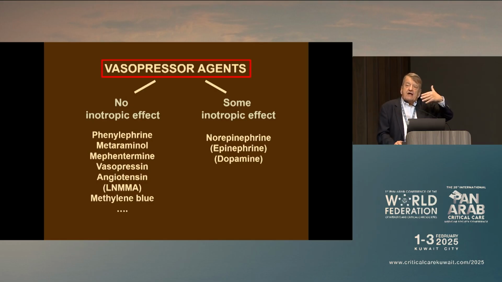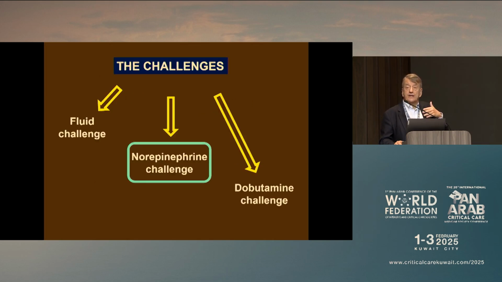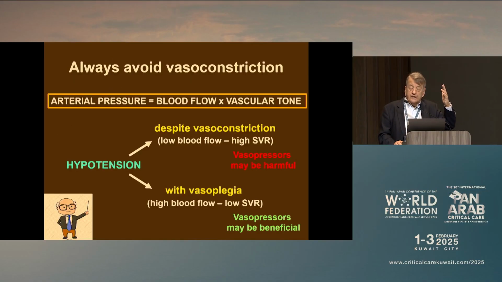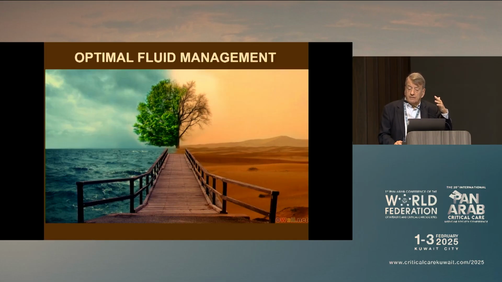So it's a bit safer to give a vasopressor having a little bit of an inotropic effect. So that's what I call the noradrenaline challenge, but it is not sufficient just to give noradrenaline and leave the patient there. We need to avoid vasoconstriction. We need to think about fluids.